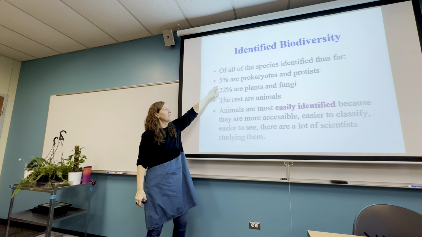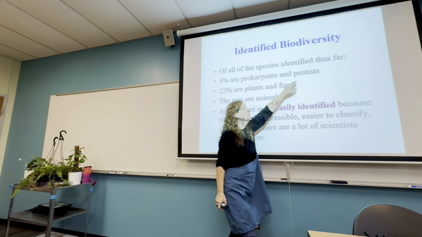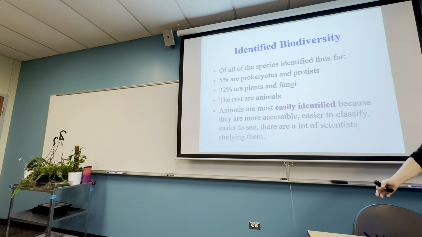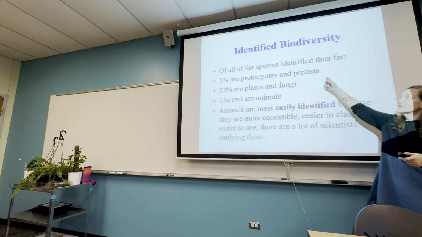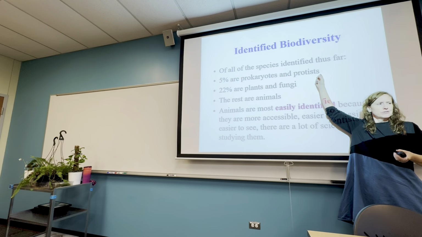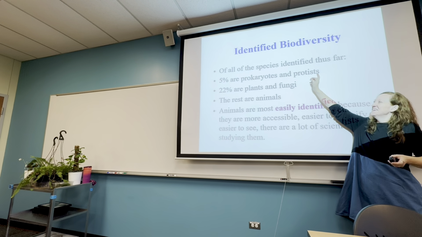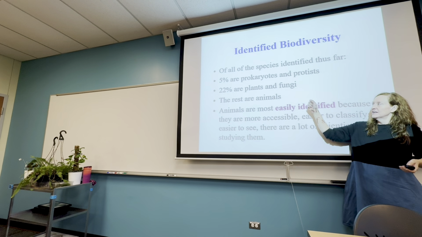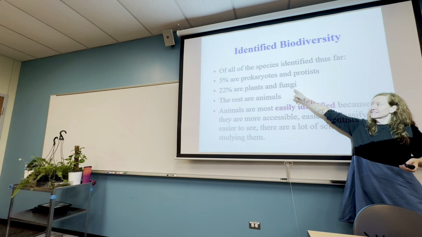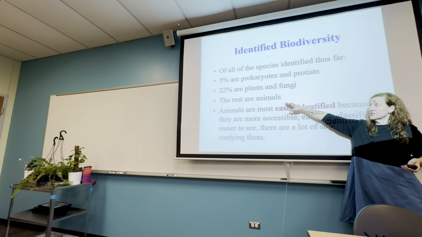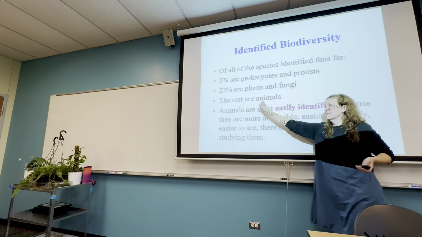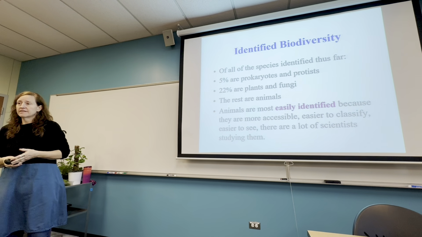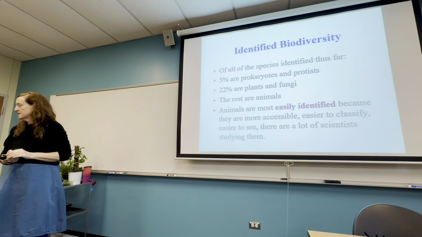Yet only 5% of them, in addition to this eukaryote group, the protists, who are also really big in terms of the eukaryans, these are smaller organisms, I should say, and there's only 5% of them that are identified. Plants and fungus, about 22% identified, and the rest are animals. So you have 70 plus percent animalia that are identified in terms of all the identified species.